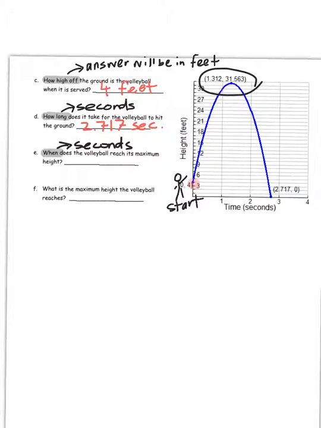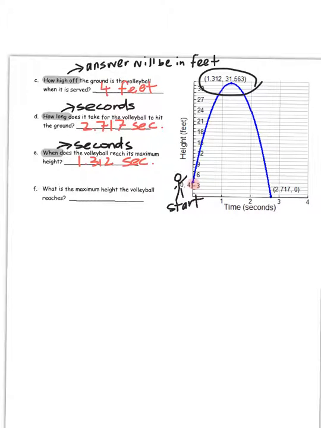My answer should be in seconds, so I'm going to use the x-coordinate of this point, because 1.31 represents its maximum height. I go all the way down, it's somewhere in between 1 and 2 seconds, 1.312. 1.312 seconds.